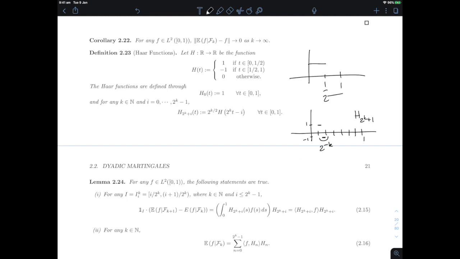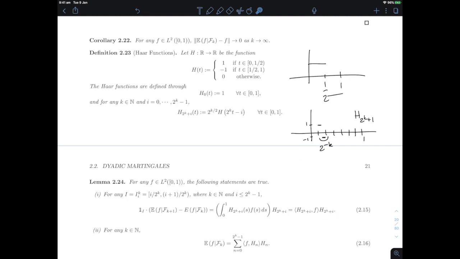And what we're going to prove about them is the following. We're going to prove that on a dyadic interval, the martingale difference, and remember that the limit of the martingale is the sum of the martingale differences, is exactly equal to the inner product of the function with our Haar function corresponding to that interval, multiplied by that Haar function.